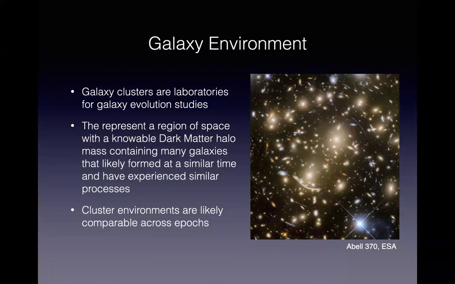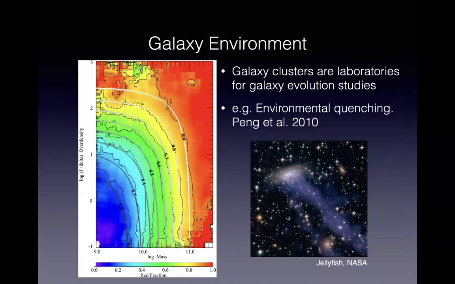And so cluster environments are likely comparable across all epochs. You could do things like, say, we have a cluster with a certain halo mass at redshift 1. By redshift 0, this will have a larger halo mass. You can work out what that would be. And you can compare redshift 1 clusters that could be the progenitors of the redshift 0 clusters, compare the galaxies within them, and therefore you can do galaxy evolution studies with them.